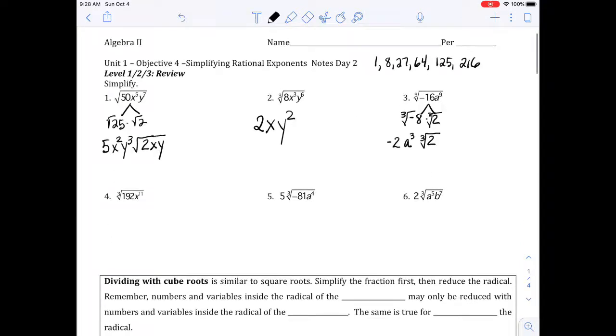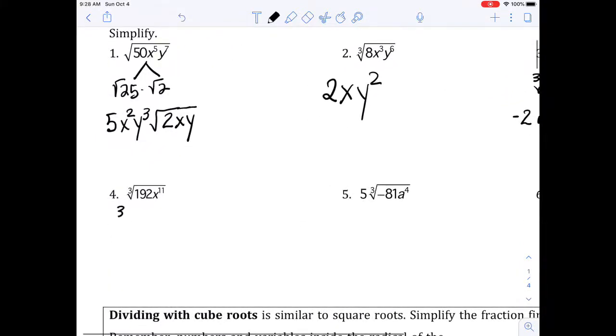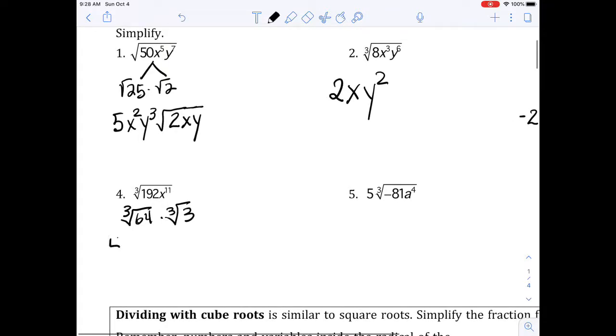And that's 3 times. So this is going to become the cube root of 64 times the cube root of 3, because 64 times 3 is 192. The cube root of 64 is 4. There will be a cube root of 3 remaining.